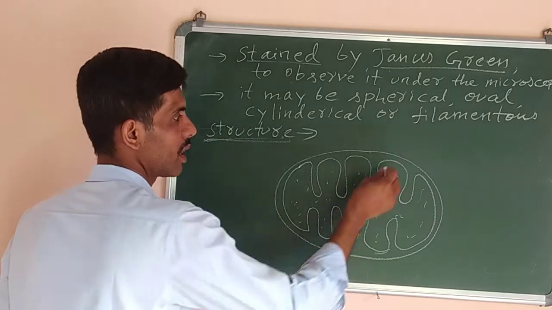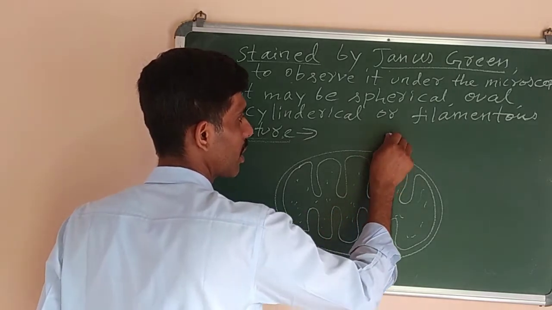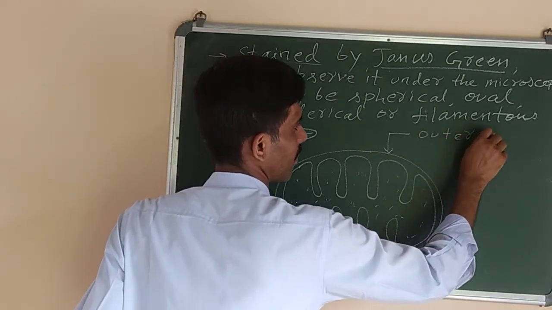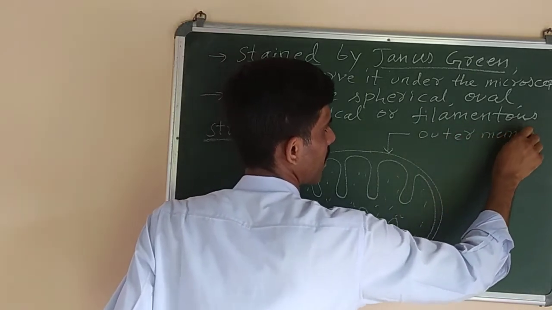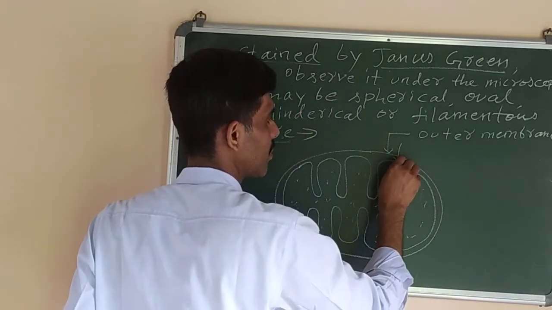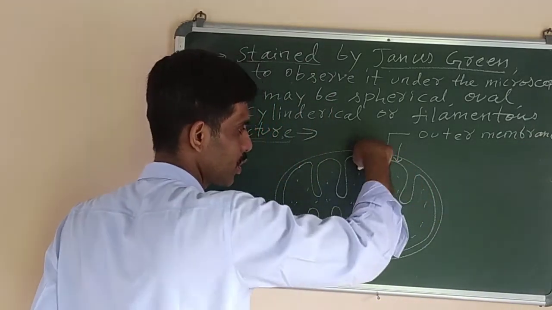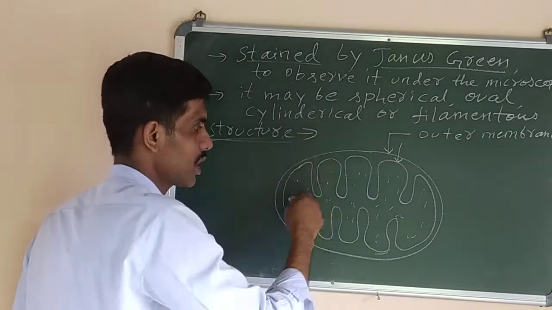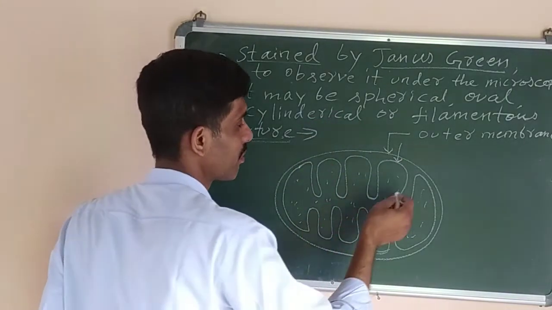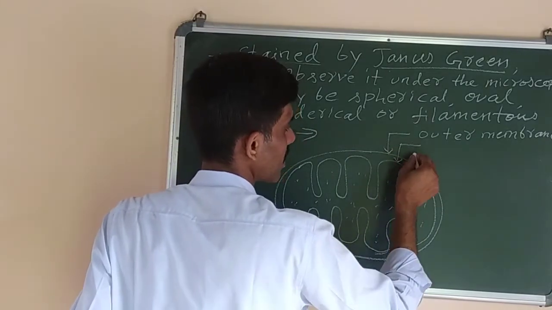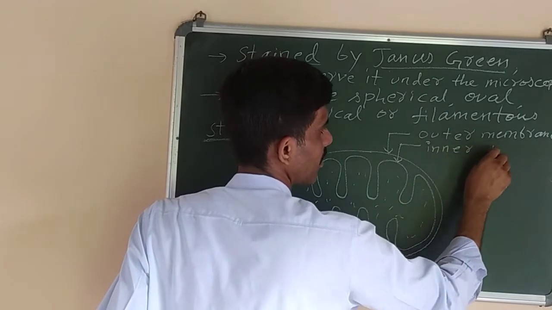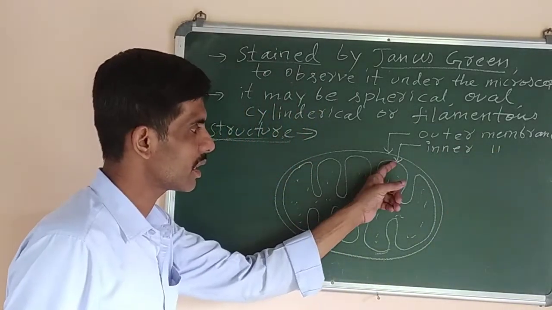Okay, now see this one. I will label all the parts first. Outer membrane. Then this one is known as the inner membrane, the second one, which is thrown into finger-like invaginations in the matrix, which is the cytoplasm of this cell. Outer membrane, inner membrane.